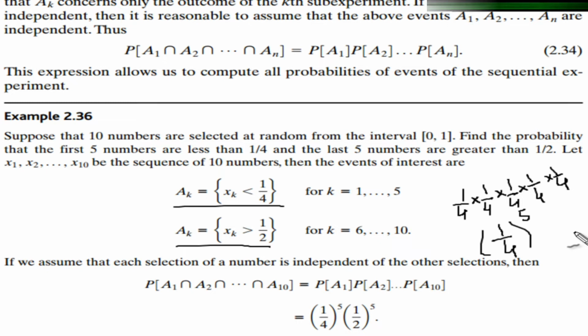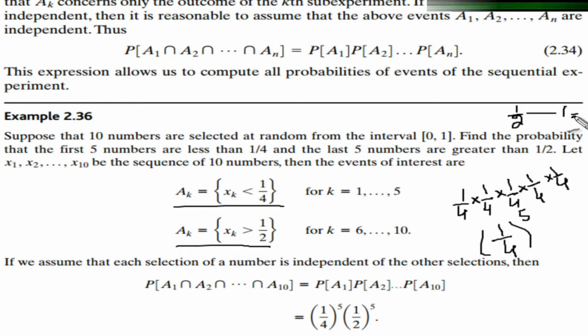Similarly, we have to pick the other 5 numbers from the interval 1 by 2 to 1. So what will be the probability? Again, 1 minus 1 by 2 is 1 by 2. We have to pick it from 1 by 2 to 1.